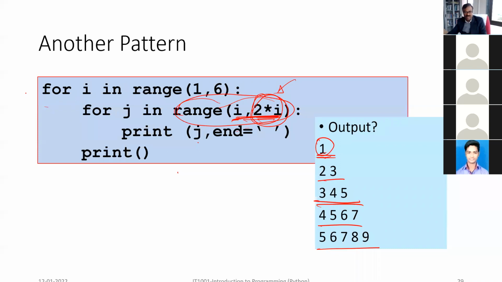That is where you need to put your brain to figure out how to design this. Since the outer loop is going to run 6 times, sorry, 5 times, it will go from 1 to 6, with 6 being the terminating one. So i will go from 1 to 5. And j is to go from some value. You know that it is starting with i every time, because the first line starts with 1, the second line starts with 2, then 3, so it's starting with i directly.